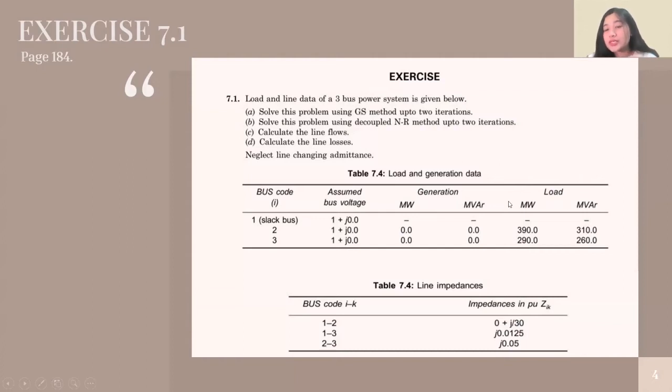Convert sa PU because yung MW and MVAR natin, we have to divide it by 100 para makuha yung per unit value ng ating load. Kasi yung generation natin, equal na siya sa 0 because wala siyang value talaga. So, ang mangyayari mamaya to get the PU is 390 over 100, 290 over 100, 310, divide 100, 260, divide 100, and so on.